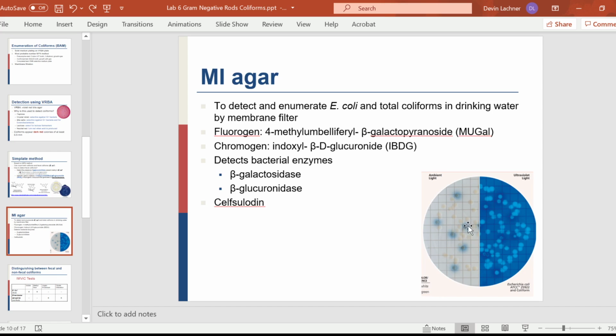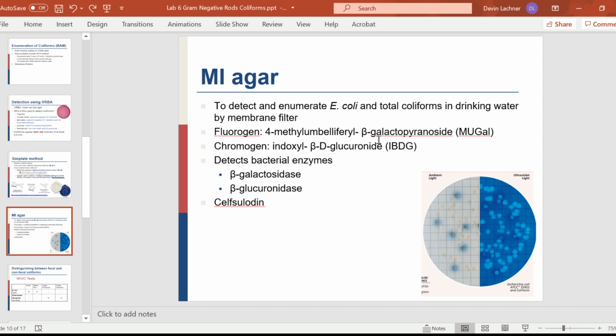Then our next is the membrane filtration, which would be on MI agar, which is going to detect and enumerate E. coli and total coliforms in drinking water. This is using the membrane filter, so the water goes through the filter. The filter is small enough that it can stop any of the bacteria from going through, and it allows the water to go through. So once the bacteria have been stopped on there, any coliforms, and especially E. coli, will be growing on there.